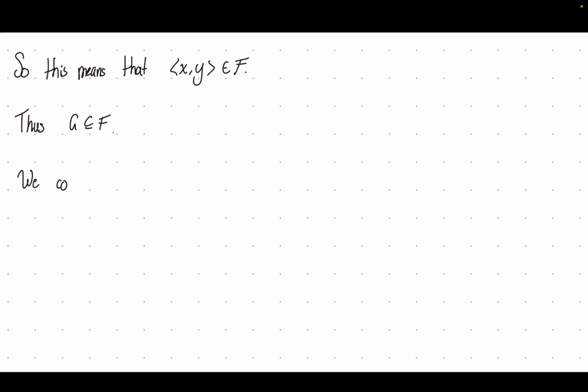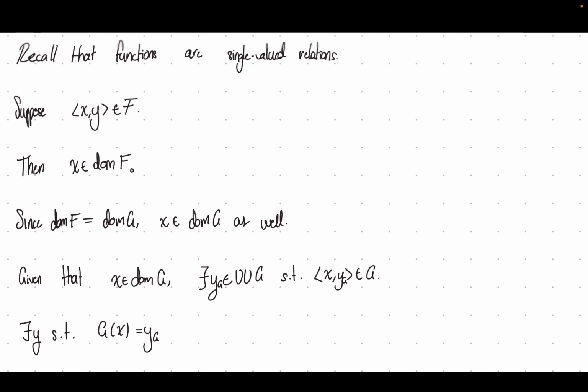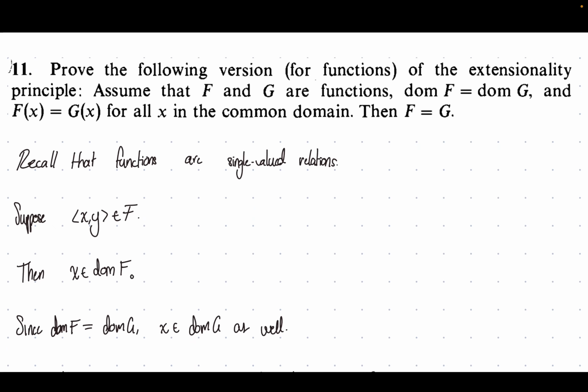And we conclude that f and g are the exact same sets. That is, the functions are equal. So, more grounded in math, which is probably most of our background, this is just saying that if the functions have the same domain, and if the functions have the same value at every x in the domain, then the functions are the same.